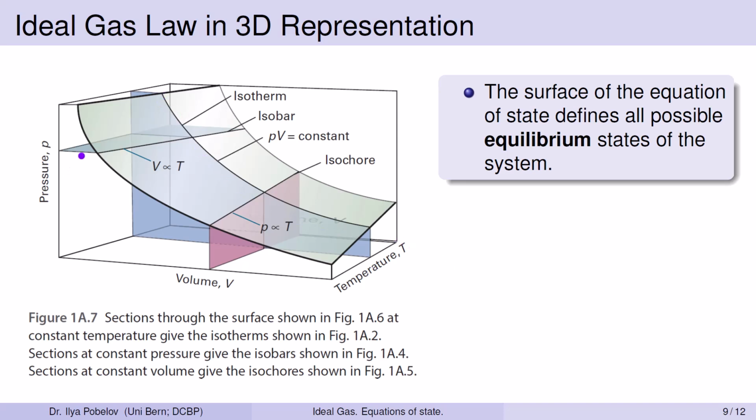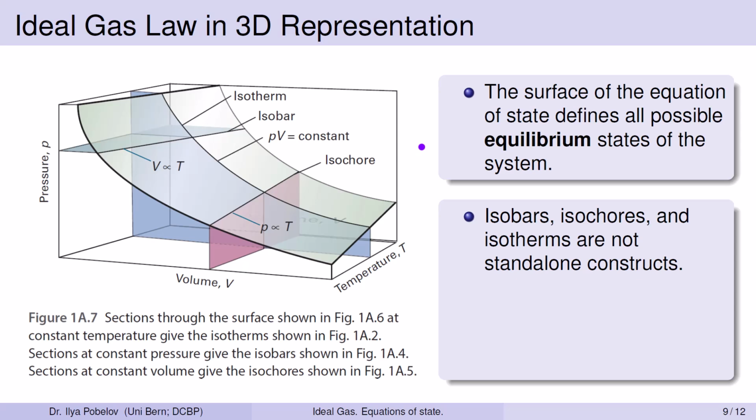By taking sections at constant pressure, we identify lines that represent states with the same pressure, the isobars. Sections taken at constant volume yield lines representing states of constant volume, which we have named isochores.